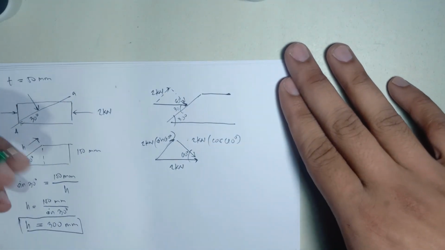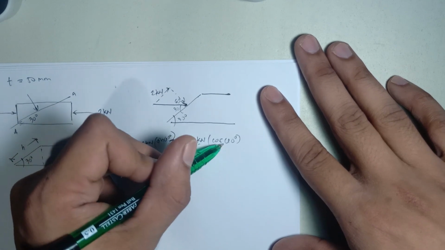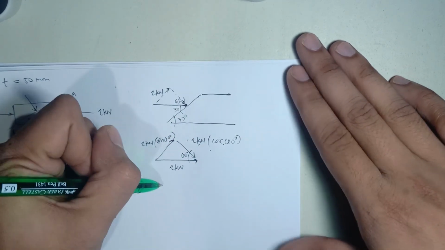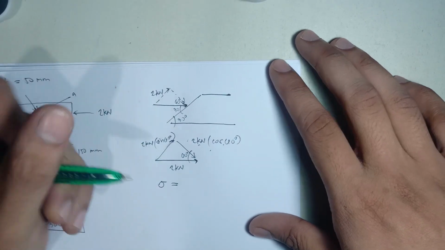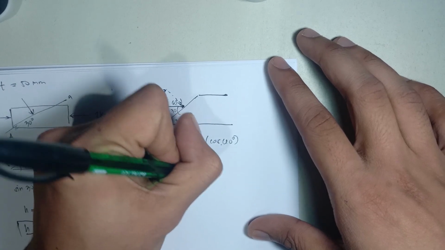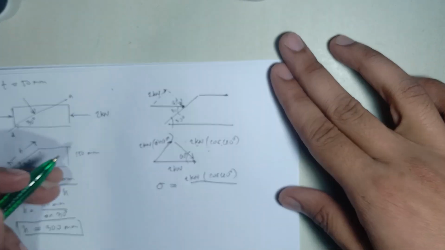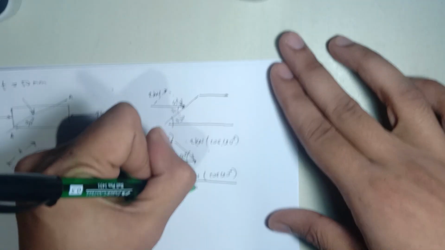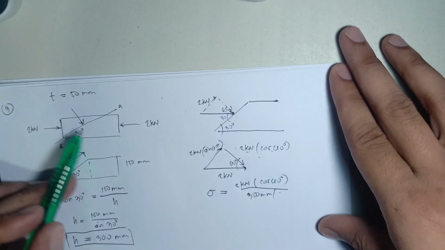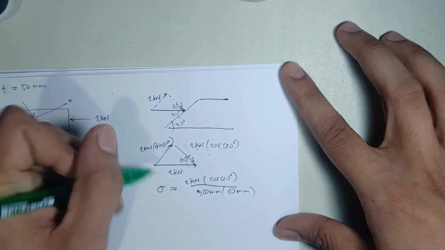So, next. Ito na yung force na 2 kilonewton cosine 60. Ito na yung force na perpendicular to this area. So, para makuha yung normal stress, yung kailangan natin force is 2 kilonewton cosine 60 degrees, all over sa area niya na 300 millimeters. May thickness yung block na 50, so times 50 millimeters.